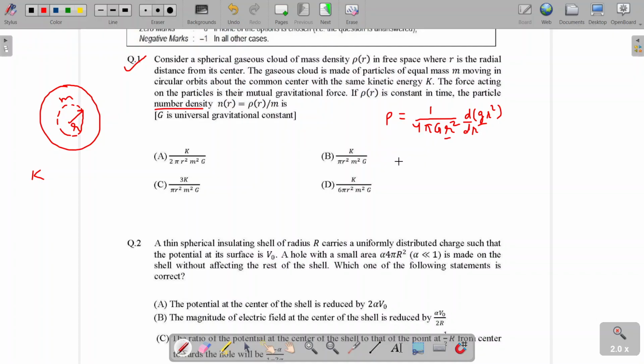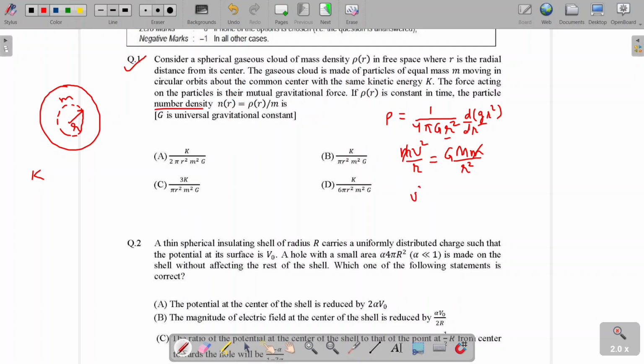Here it is given that the kinetic energy of the particles is same, so we can now use Newton's second law, that is mv square by r, centripetal force acting on the particle, is equal to G M m divided by r square, the gravitational force.